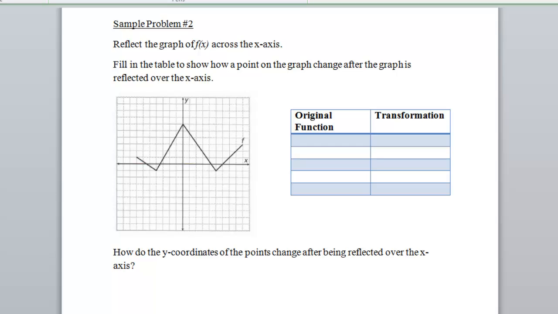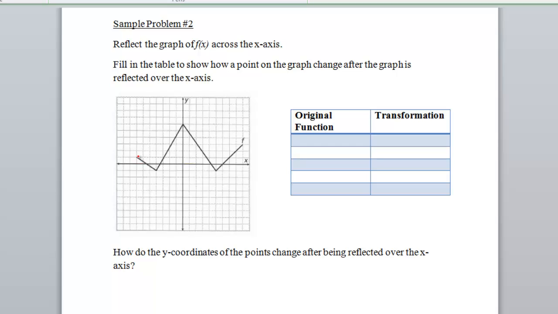First I'm going to define a handful of points on the given figure. You can see in the table to the right, we can fill in the points of the original function based off the ones that you decide on. So go ahead and try sample problem 2. Try to follow the directions given and see how it comes out for you.